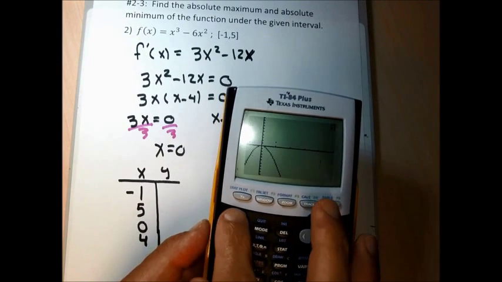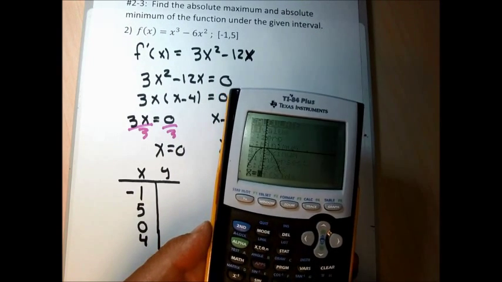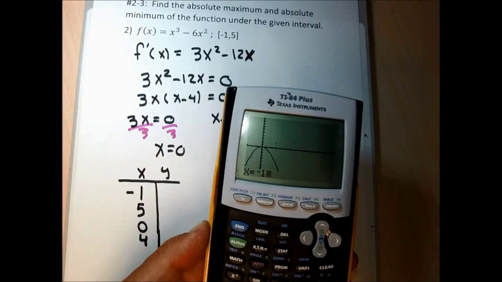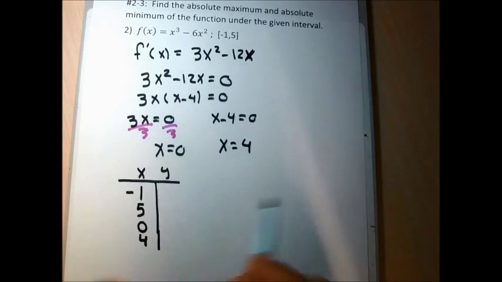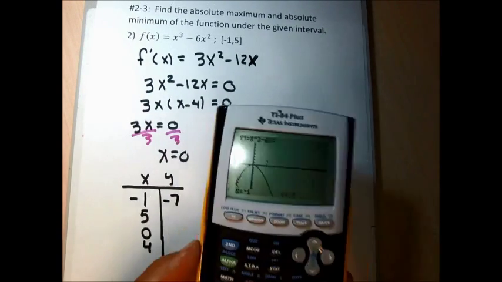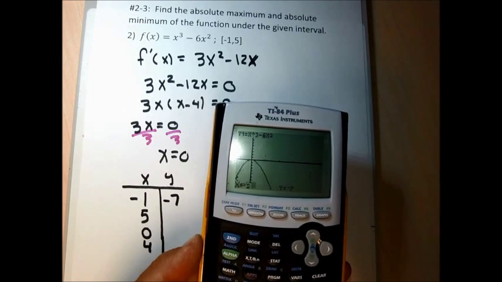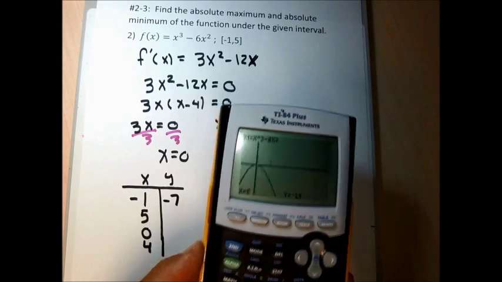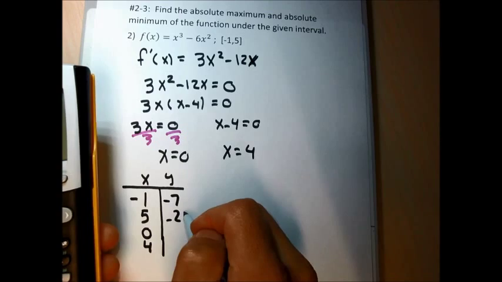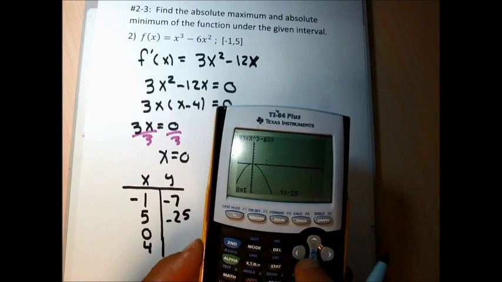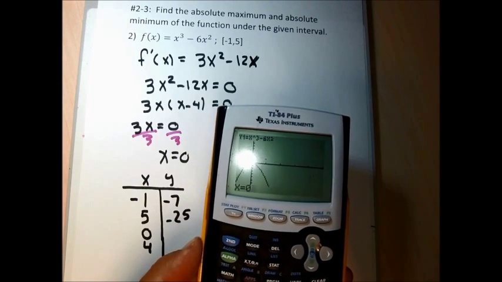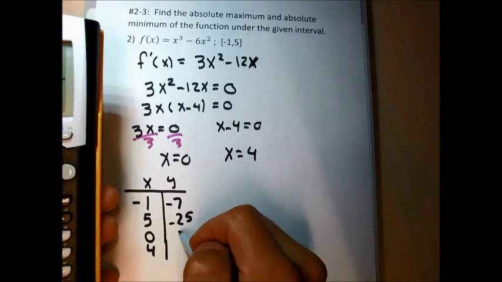So second calc value, x equal to negative 1, so y equals negative 7 there. And I just have to type the number 5 and hit enter, and y equals negative 25. And then type in 0 and hit enter to get y equal to 0.